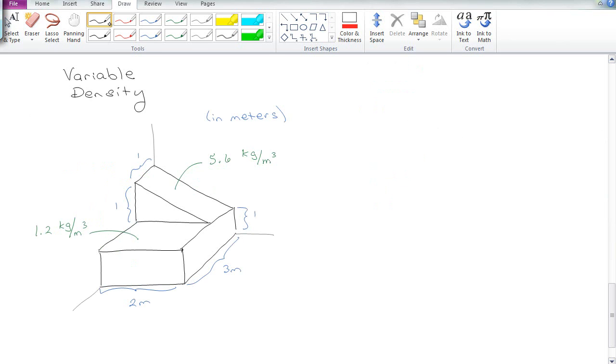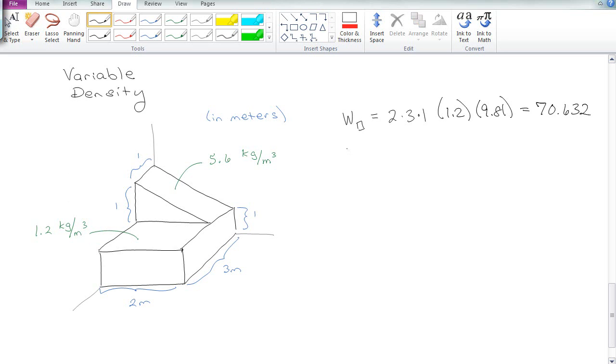All right, now we're going to do the variable density just because it's kind of cool. So we're going to do basically an assembly in SolidWorks in a minute. But first of all, we need to find the weight of each of the blocks. And that's super not hard at all. Just for the main block, you know its volume, 2 times 3 times 1, times its density, 1.2, times the gravity thing, 9.81, and you put this in your calculator and get an answer.